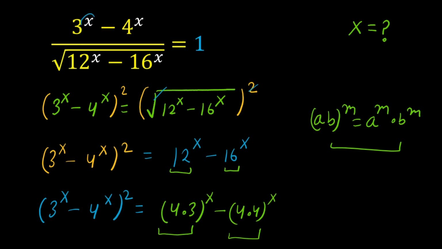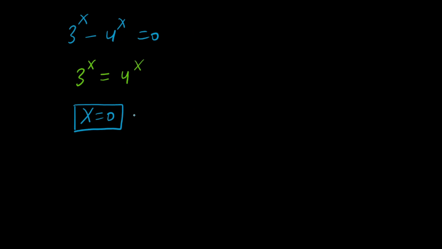If x is replaced by 0, then 3^0 is 1, minus 4^0 which is 1, divided by the square root of 12^0, which is 1, minus 16^0, which is 1. Then this is 0 over 0, and we know that 0 over 0 is an indeterminate form. The left-hand side is indeterminate and the right-hand side is 1. So x equals 0 is not a solution.